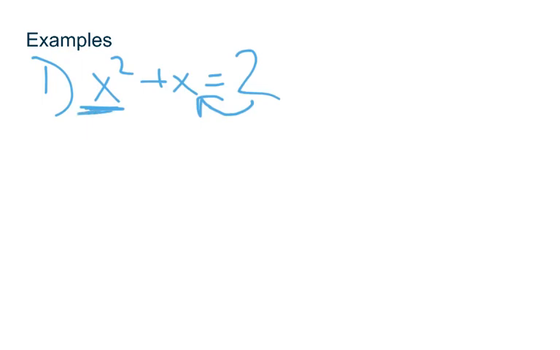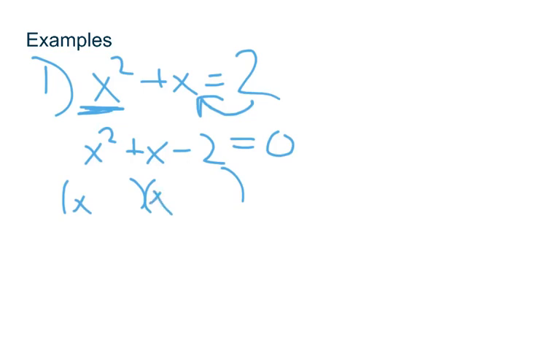Try to keep your x squared term positive. It just makes life a lot easier. So when I do that, I'll get x squared plus x minus 2 equals 0. It's now in standard form, so I can factor it. x and x, think of some factors of 2, so I'm going to go plus 2, minus 1, equals 0.